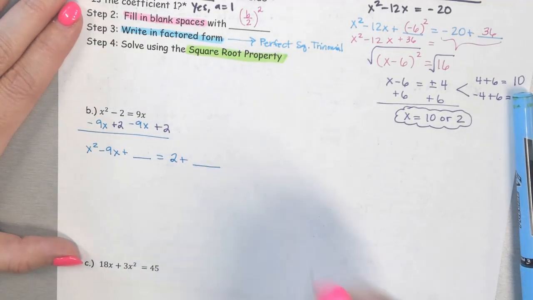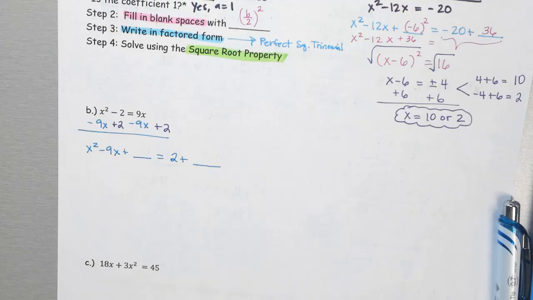Okay, so this should be your setup. You should have the x terms on one side, the number term on the other side. Okay, and then can you see if you can fill in those blanks using the b over 2 squared?